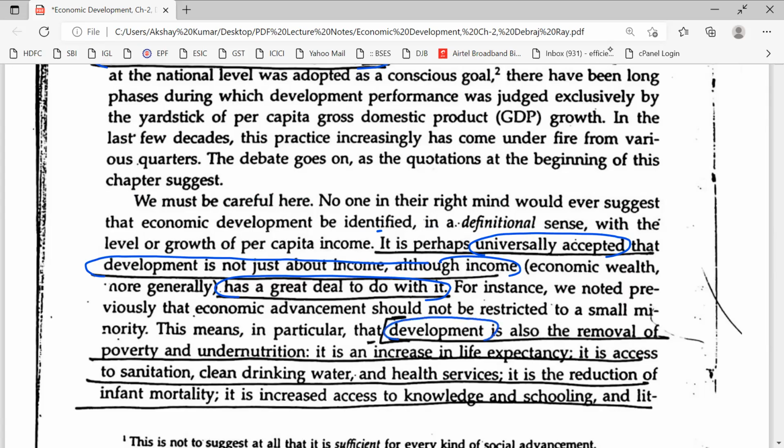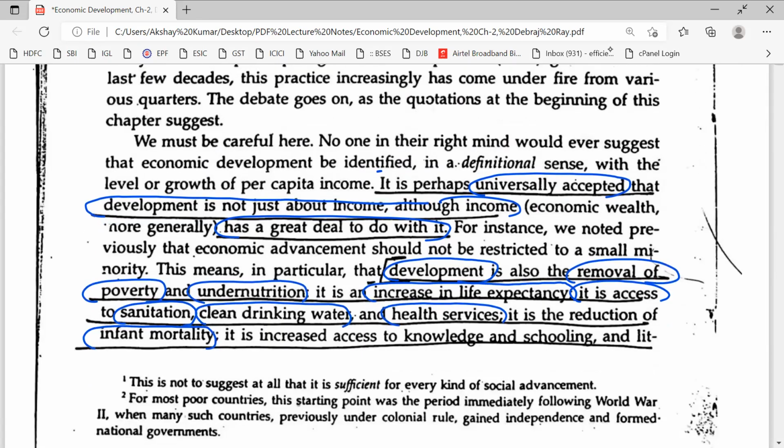When I talk about development of an economy, it is also the removal of poverty and undernutrition. It is an increase in the life expectancy, the average number of years for which a person is expected to live. It is access to good sanitation facilities, clean drinking water, health services. It is also the reduction of infant mortality, which captures the number of deaths of infants below 1 year.